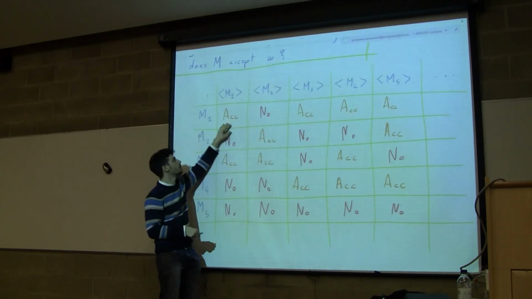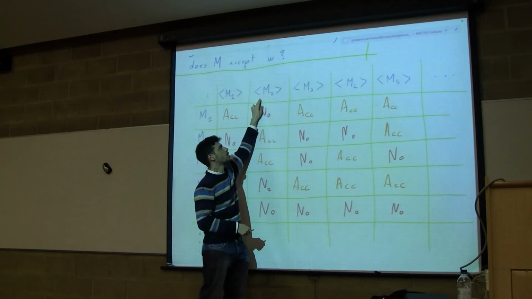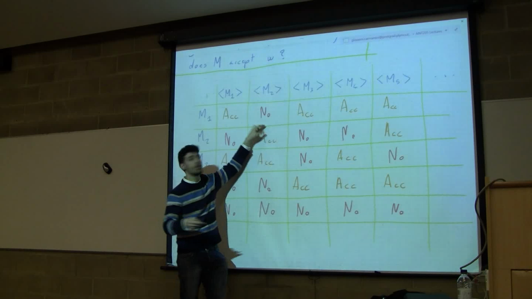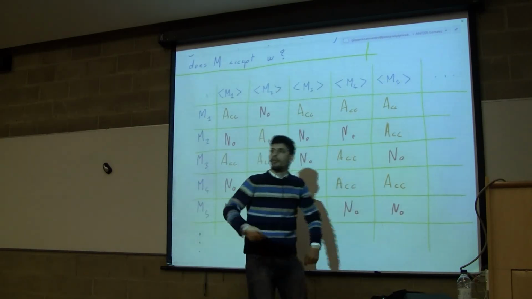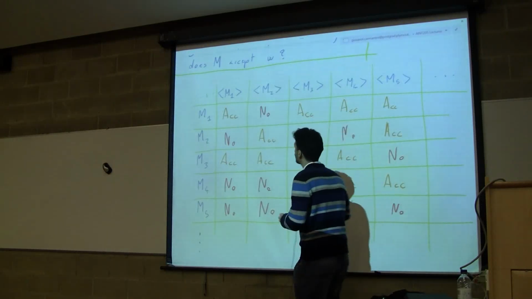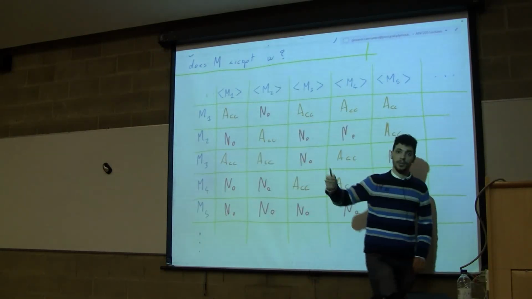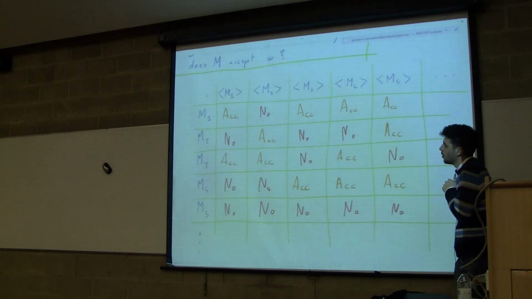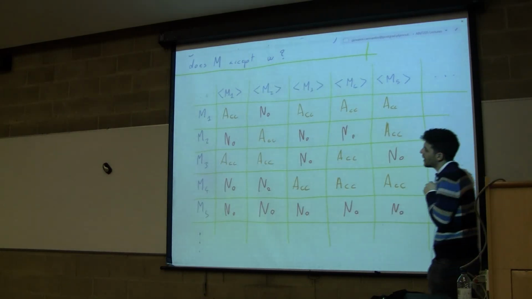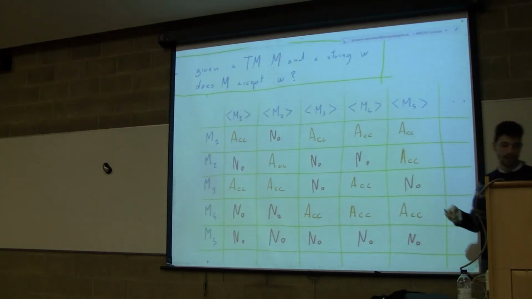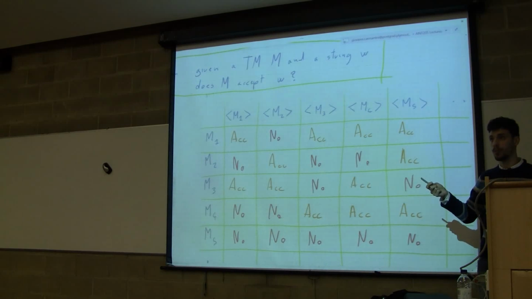This one accepts. If I feed it the description of Turing machine M2, does it accept? Well, no. Okay, so you can make a table. You can feed the description, and some will accept, some will not accept. So, one will then say, to answer this decision problem here, given a TM M and a string W, does M accept W?